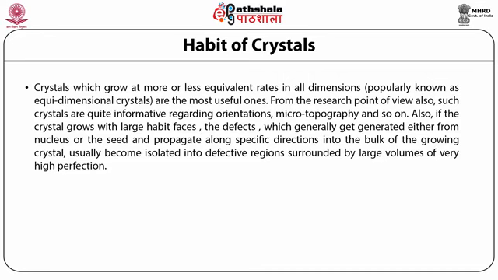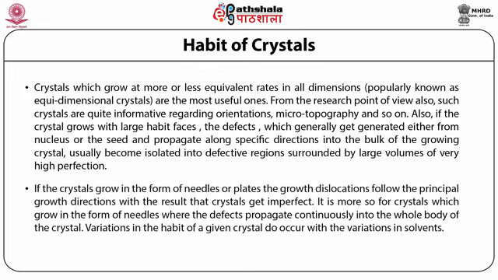Also, if the crystal grows with large habit phases, the defects which generally get generated either from nucleus or the seed and propagate along specific directions into the bulk of the growing crystal usually become isolated into defective regions surrounded by large volumes of very high perfection.